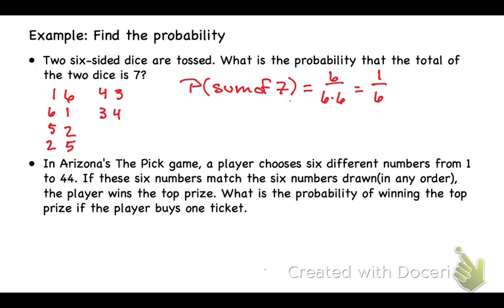The pick game: a player chooses 6 different numbers, 1 through 44. If the 6 numbers match the ones drawn in any order, so it doesn't matter the order, the player wins the top prize. What is the probability of winning the top prize by buying 1 ticket?